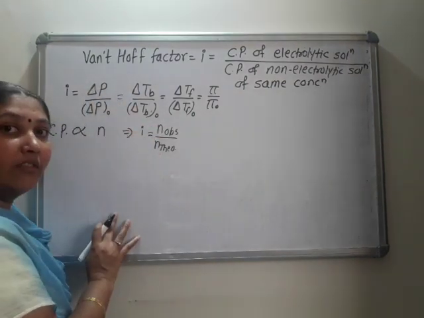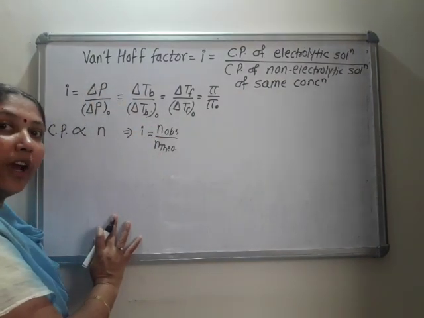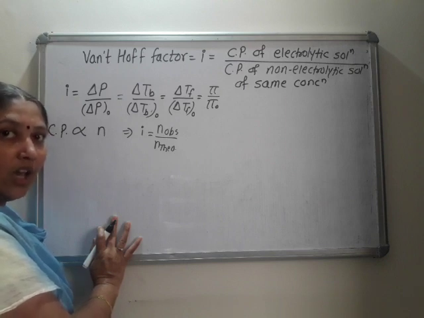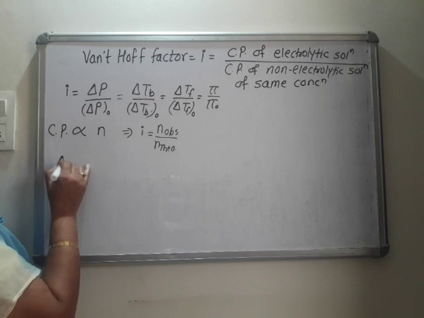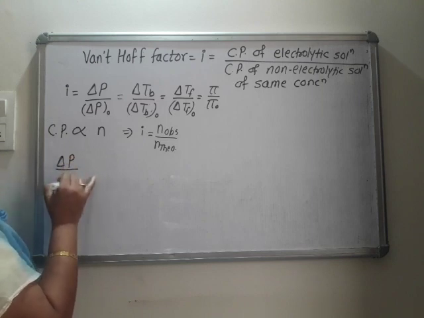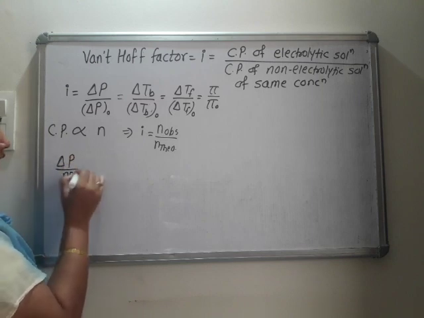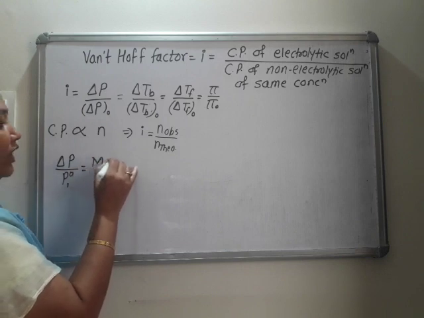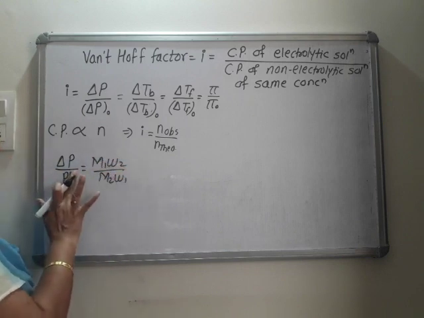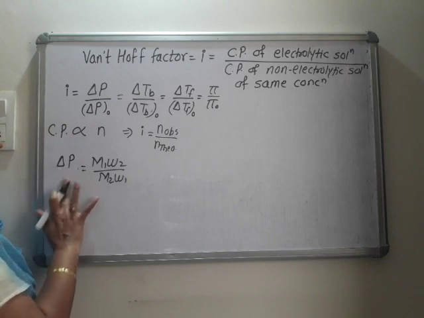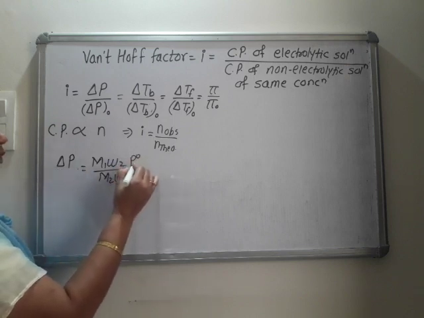Whatever formulae we derived to find molar mass with the help of colligative properties: the first property was delta P upon P1 naught equals M1 W2 upon M2 W1; if we shift P1 naught to this side, then we get this equation.